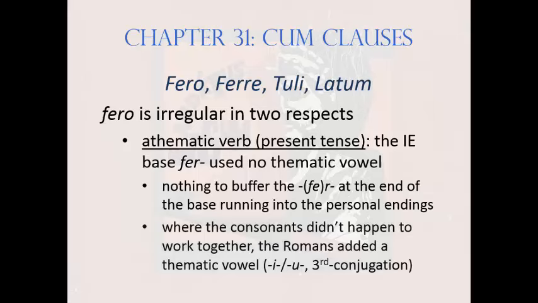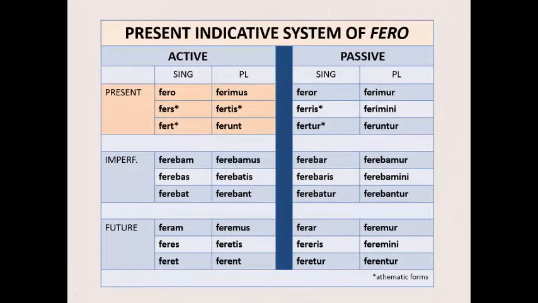However, if the inevitable collision of consonants produced something unpronounceable by Latin standards, the Romans, such an admirably pragmatic people, added a thematic vowel. But when the combination of consonants did work, well, why insult your maiores any more than necessary? Thus, fero, fers, fert.